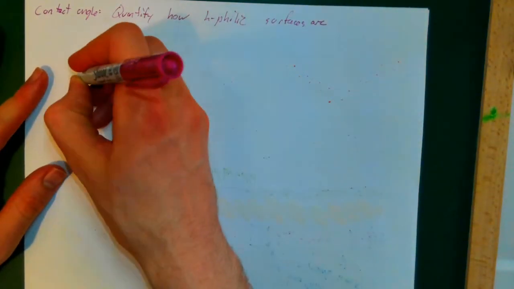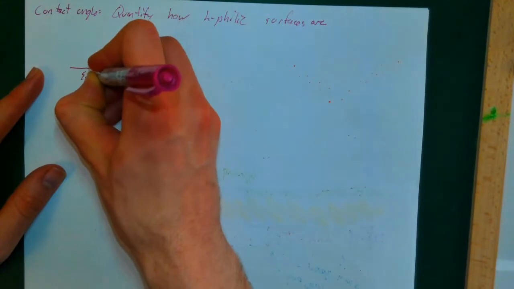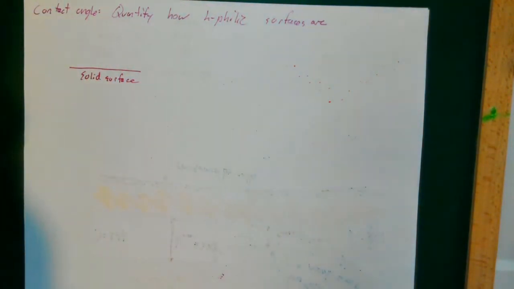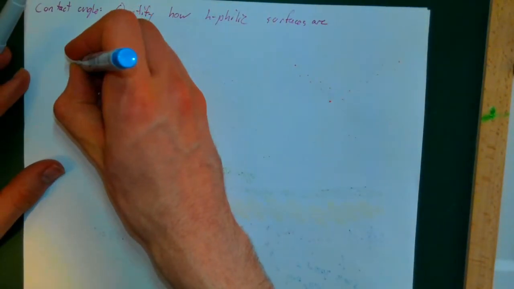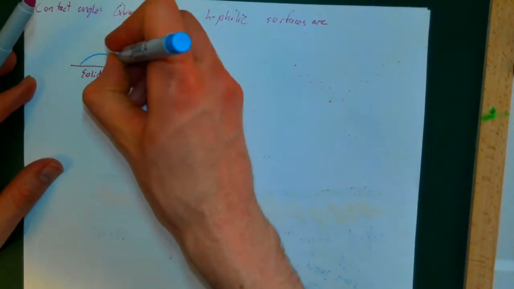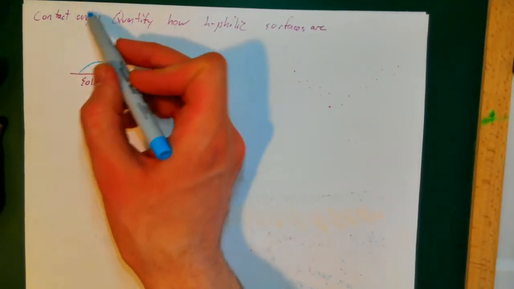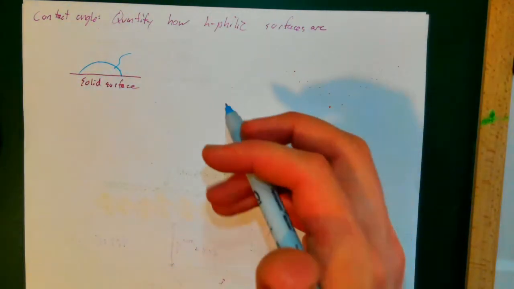So, what is contact angle? Well, I have a solid surface. I put a liquid droplet on that surface, and oftentimes people talk about the contact angle, usually a contact angle of water with the solid surface, but again, it could be different things.